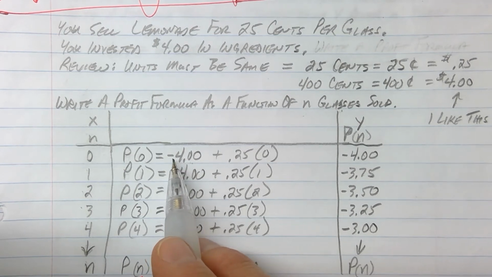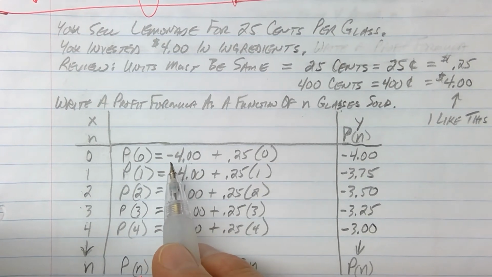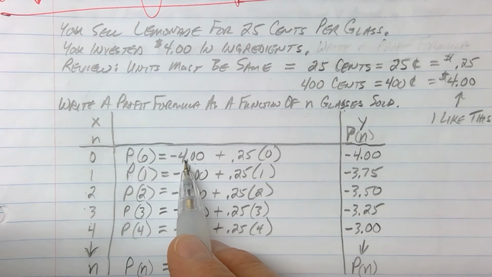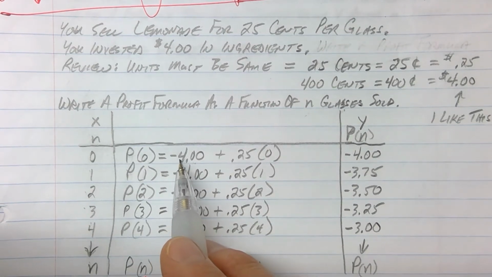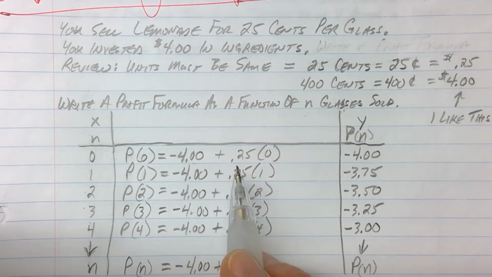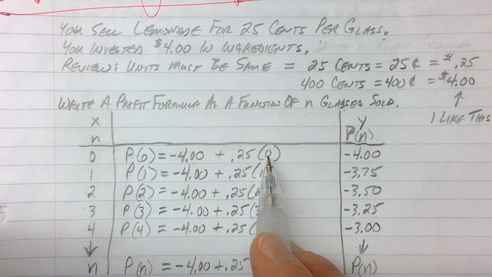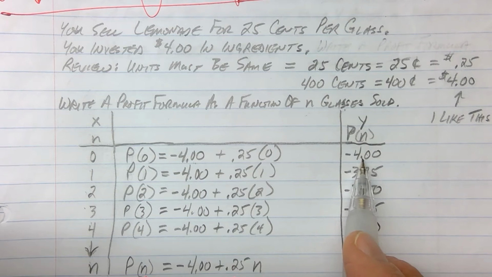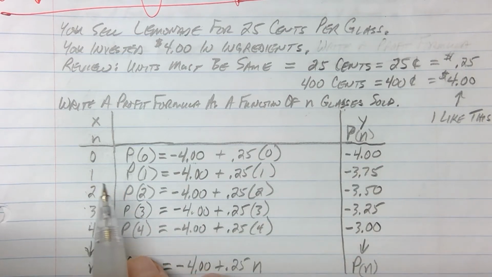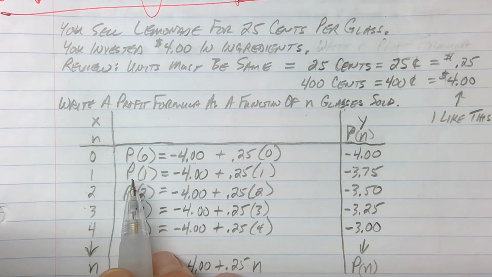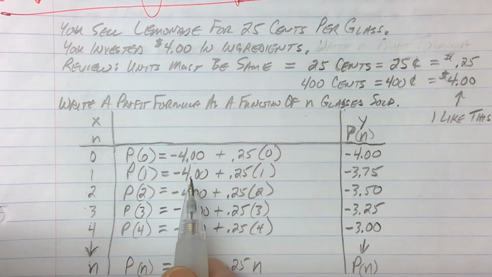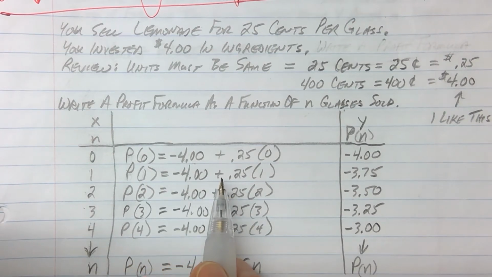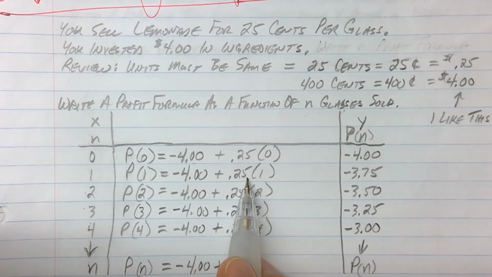All right. So that $4 came out of my pocket, and I need to put it back before I can start calculating profit. So we start out $4 negative, but we're going to add 25 cents every time we sell a glass of lemonade. So I start out at minus $4. Now, I sell 1 glass of lemonade. What's my profit after selling 1 glass of lemonade? Well, I'm $4 in the hole, but I'm going to add a quarter to my pocket.